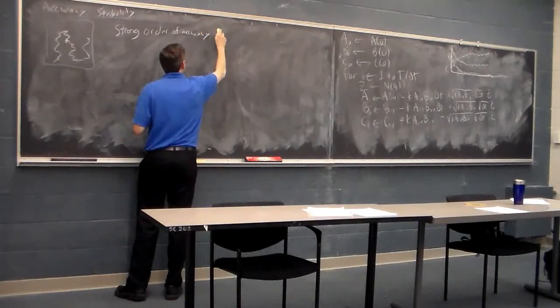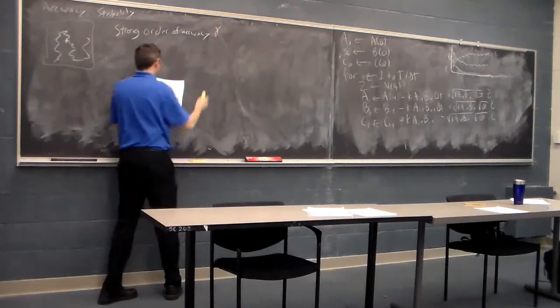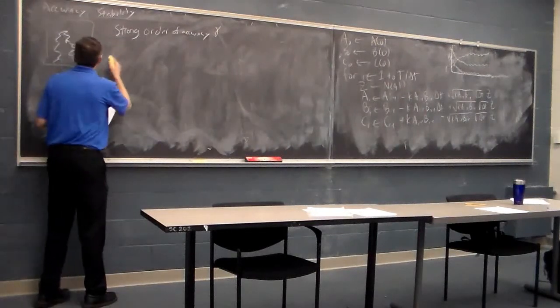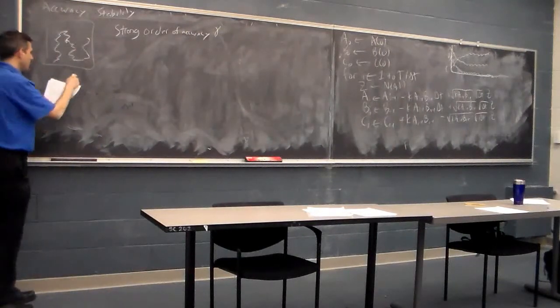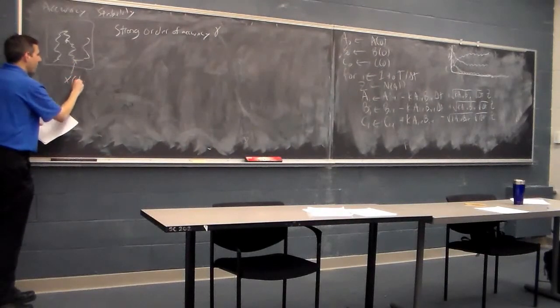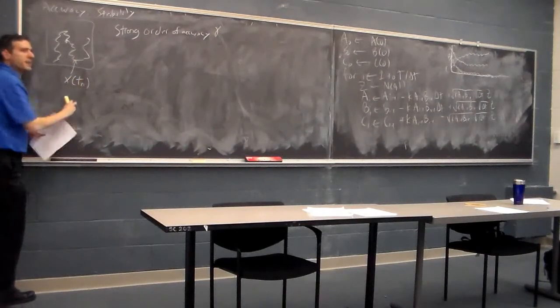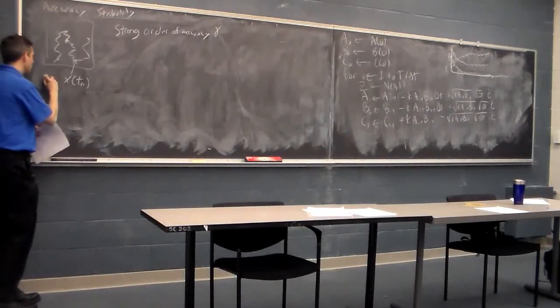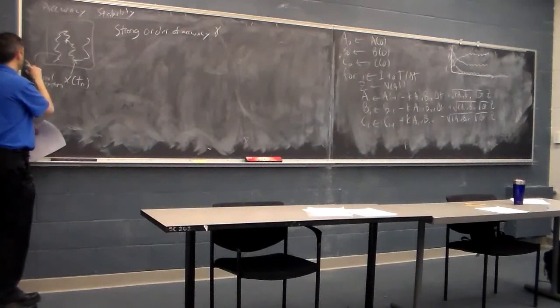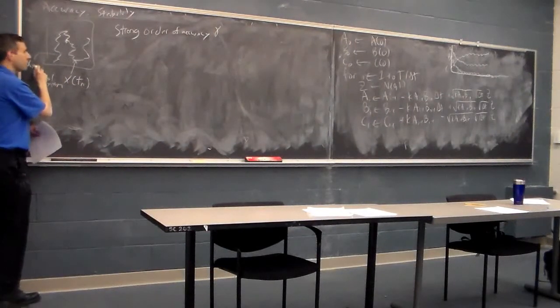And the strong order of accuracy we define to be a value gamma if the following is true. Let's say we define the real system as x of t sub n at any given time point n. This is the real system we're trying to simulate. And we define the simulation of it as x sub n at the same time point.